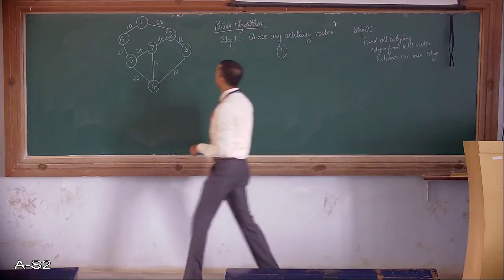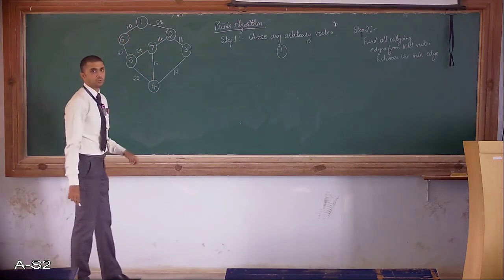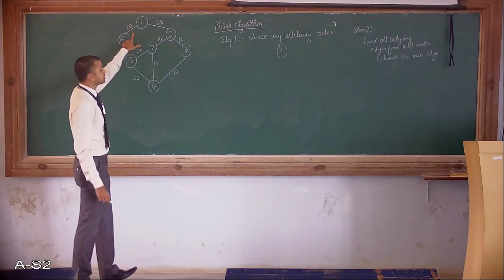So how many outgoing edges are there for this vertex 1? 1 to 6 and 1 to 2. Out of these two, which one is the minimum? This 1 to 6, because the cost is 10.